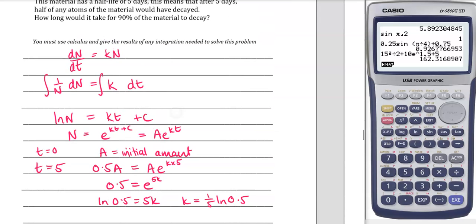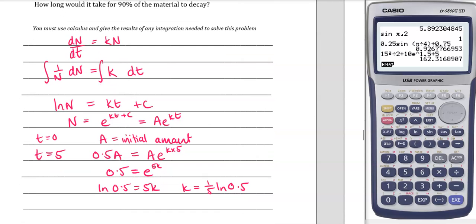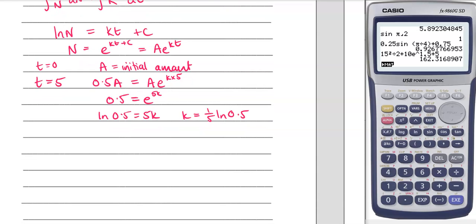Right, back up to the question. How long would it take for 90% of it to decay? 90% means we have 10% left, so we would get a 0.1A amount. And we're trying to work out t for when that happens. So A e to the kt, but we've just worked out what k is, so that's 1/5 natural log 0.5 times t.